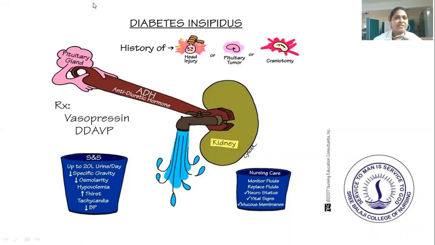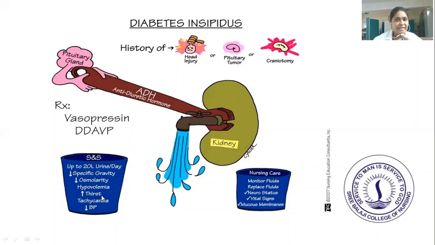Definitely the patient will have a dehydration problem, a decreased amount of fluid content in the body, and may go into hypovolemic shock also. Automatically the specific gravity of the urine will decrease, and the osmolarity of the urine will decrease.